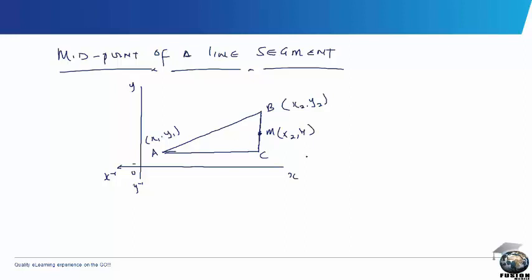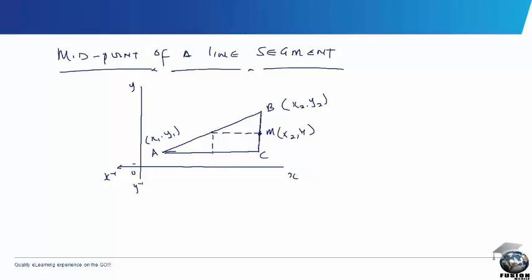The midpoint here can be divided into 2, which is half of the line BC, and then the two points meet at the point where we have half of AC.